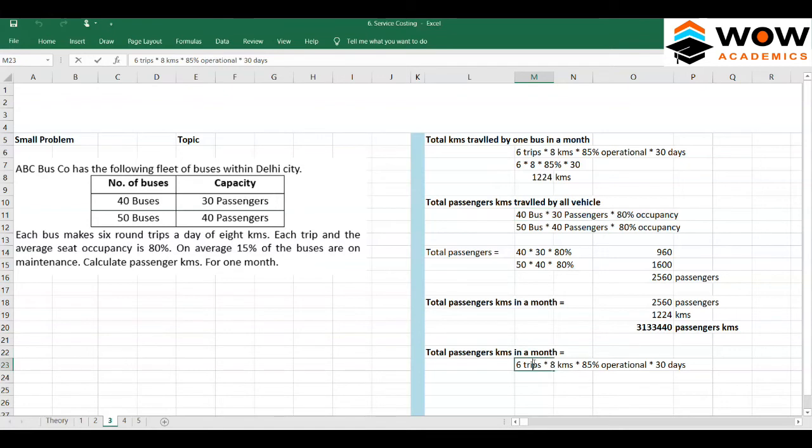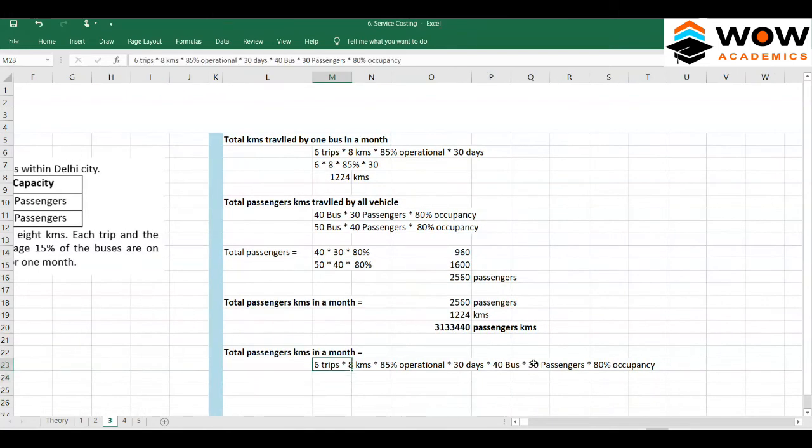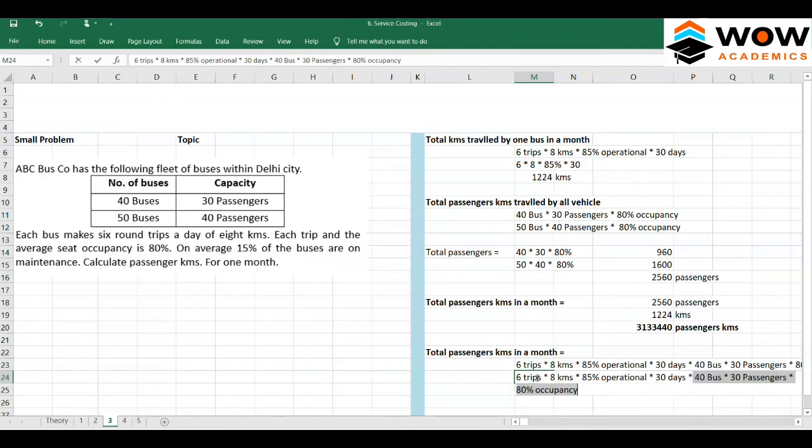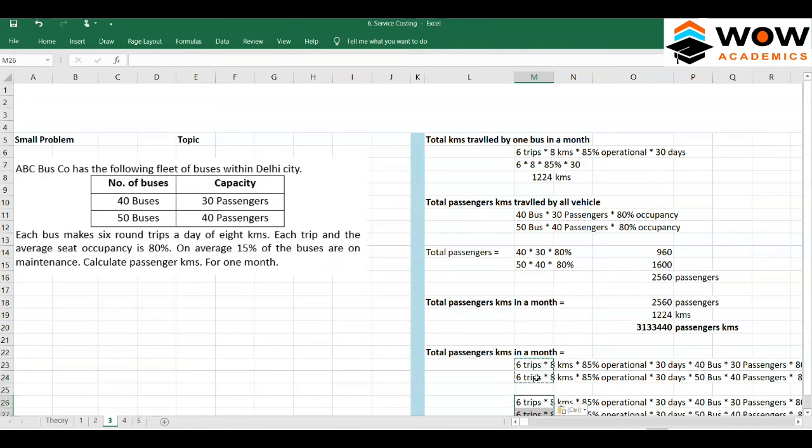Now this entire sentence is going to be for the first type of bus, and for the second type of bus it's going to be like this. Solve both of it.